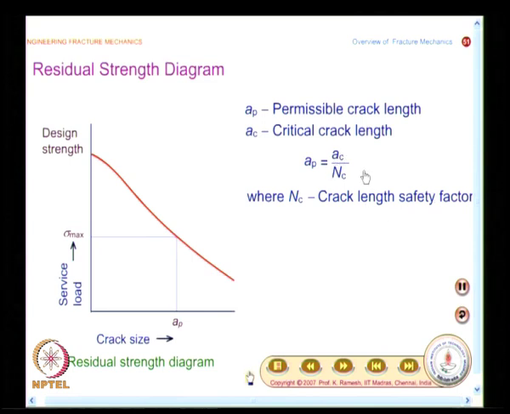So, using this, you want to find out what is the maximum stress that you can go to and what is the corresponding permissible crack length. So, you borrow the ideas from your conventional design methodology. You have a factor of safety, you do not operate at the calculated failure stress, you operate much below that by bringing in a factor of safety.